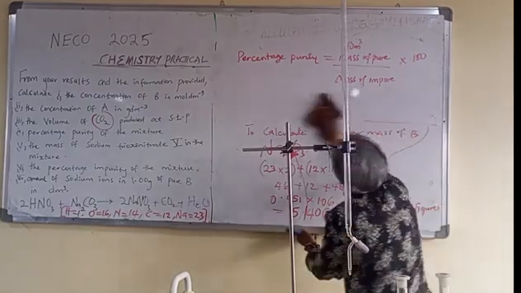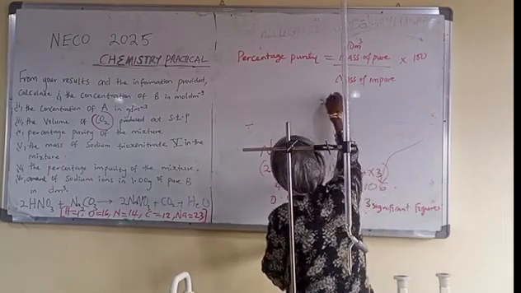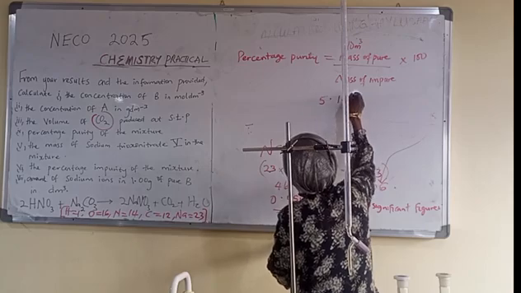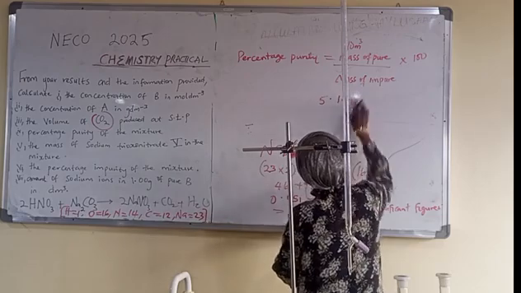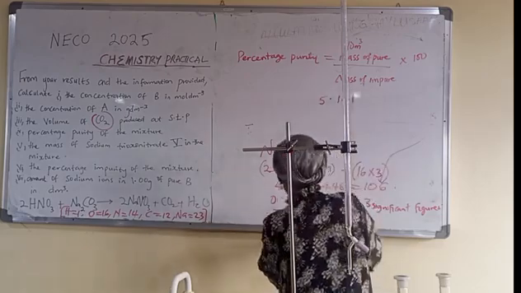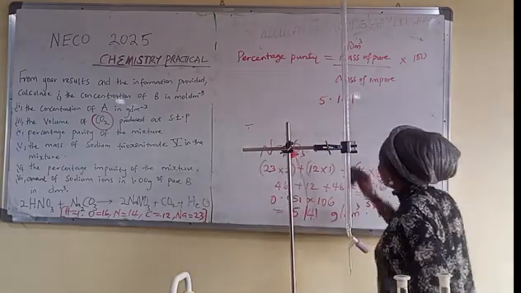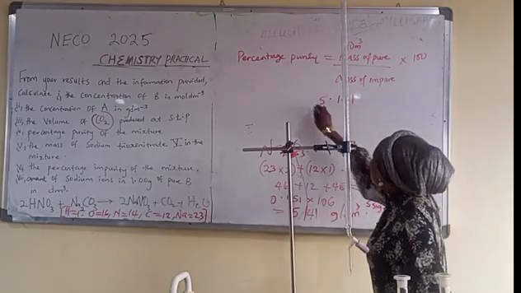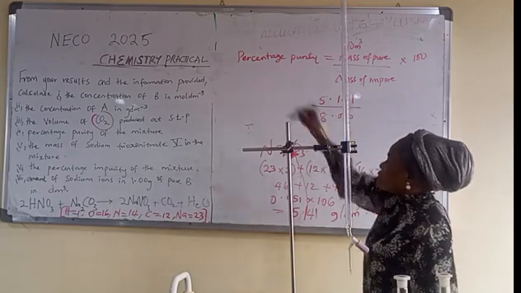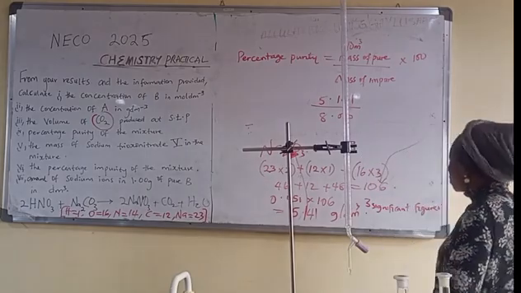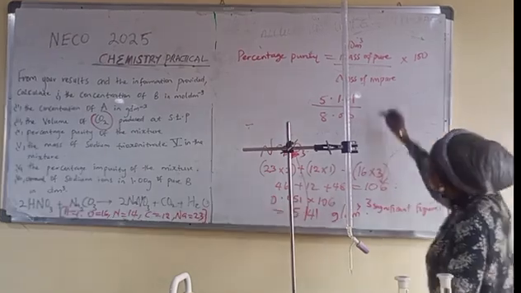So what is the pure concentration? It is 5.141, all over 8.000, the information provided in the question for us, then times 100.